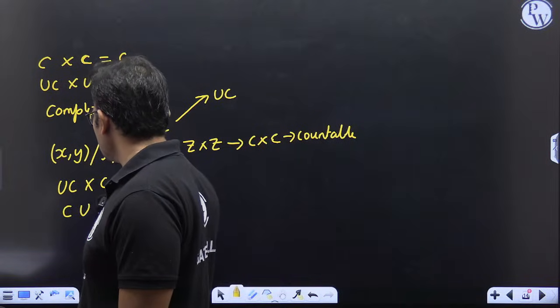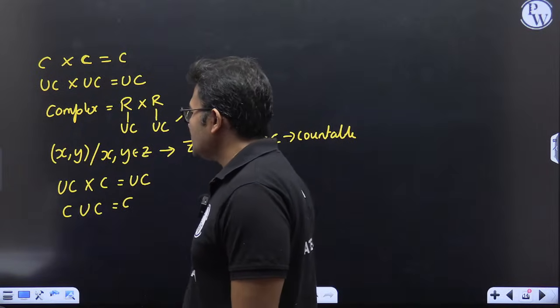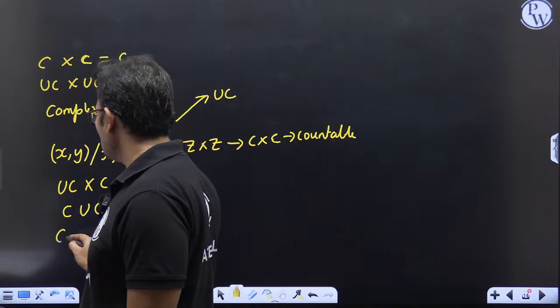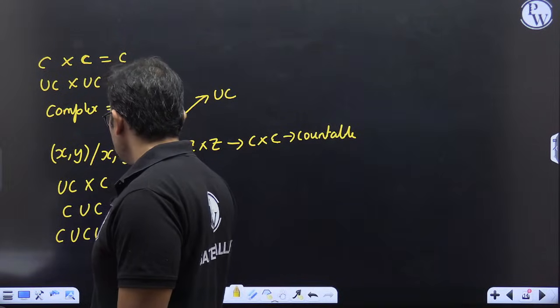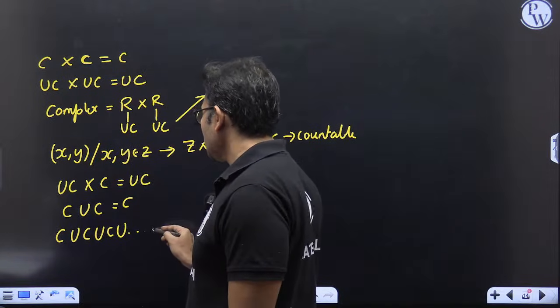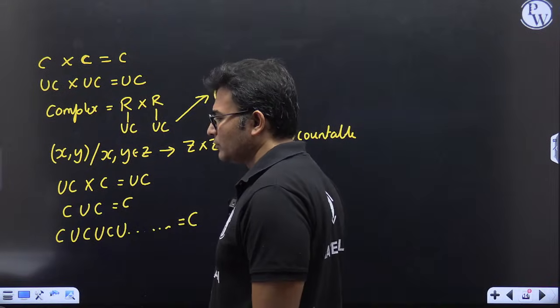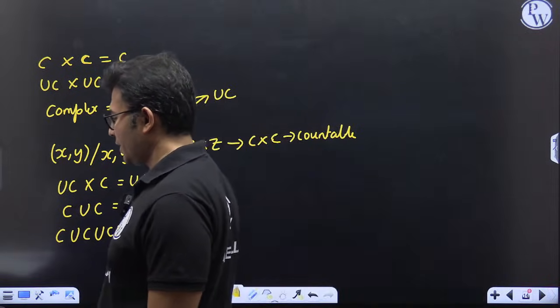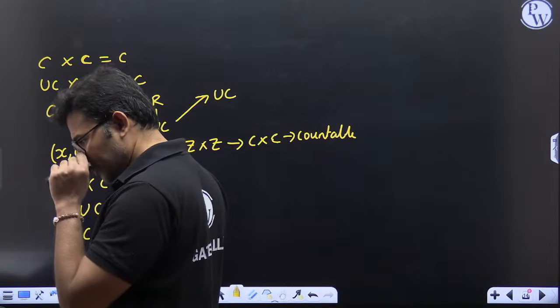Countable union countable is countable. Even if you take the union of infinitely many countable sets, the result is countable.